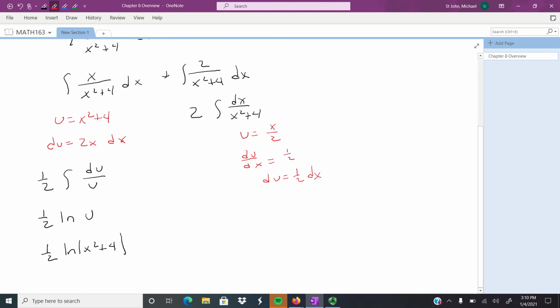Okay. And so this will give us 2 times 1/2 integral 1 over... oh, sorry, I skipped this up. Sorry, let me go back.